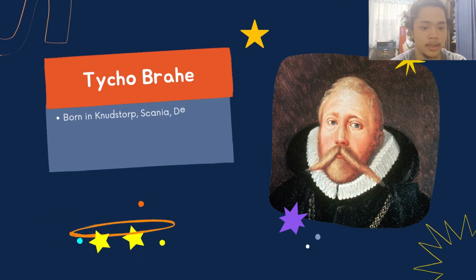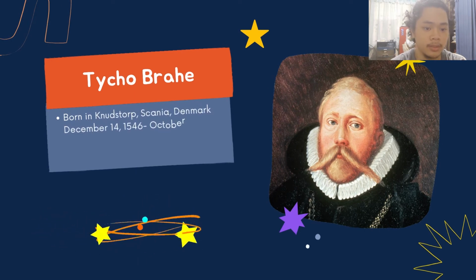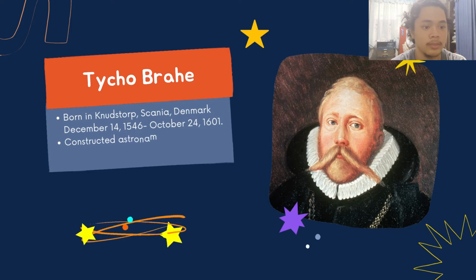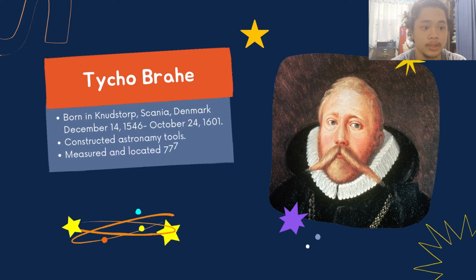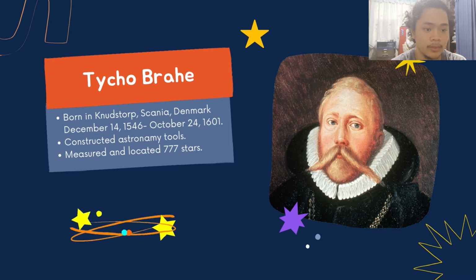Another scientist is Tycho Brahe, who was born in Knutstorp, Scania, Denmark, on December 14, 1546, and died in Prague on October 24, 1601. He is a Danish astronomer who set the path for future discoveries by constructing astronomy tools and measuring and establishing the location of stars.